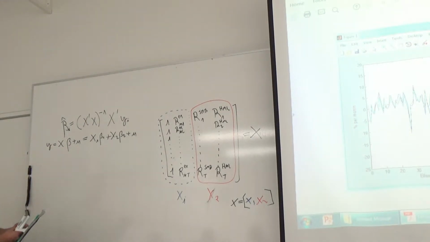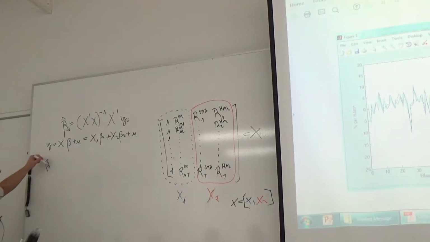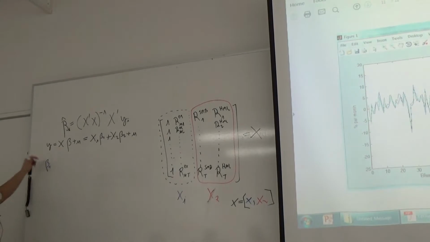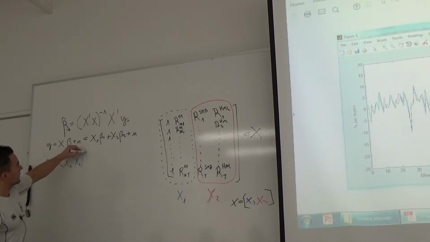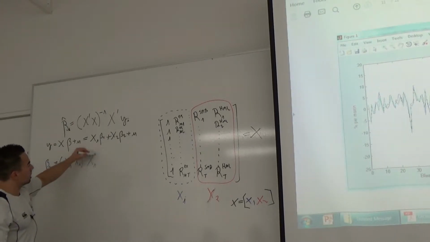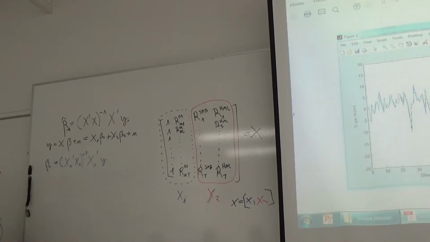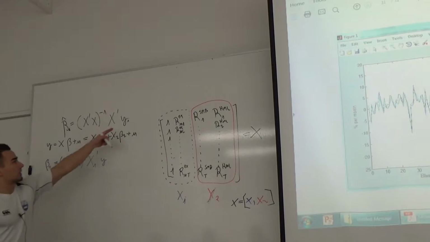So what we would get then is our beta vector, conditional on the information in this submatrix here. It is X1 prime X1 inverted times X1 prime Y. I now neglect the i index here.